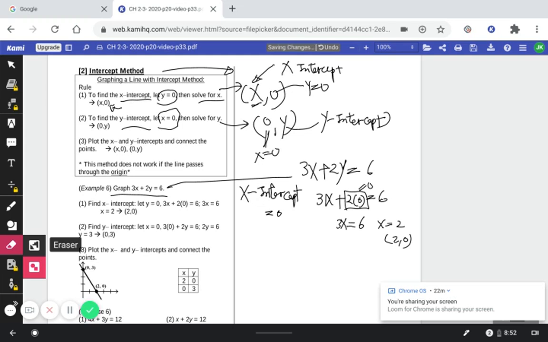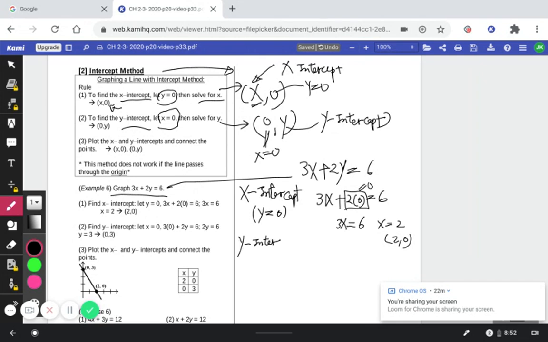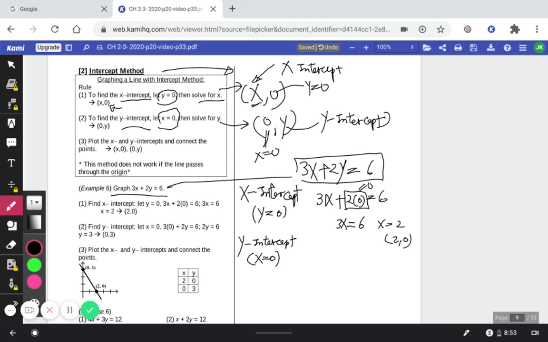Now to find the y-intercept, you plug in what? Plugging x as 0. This you have to memorize, otherwise you always get confused. Okay. So from the original equation, you substitute x is 0.